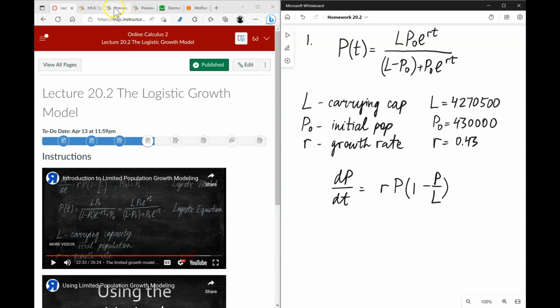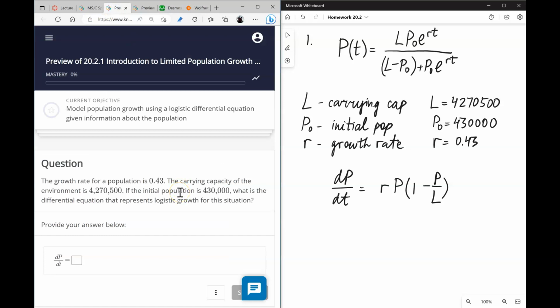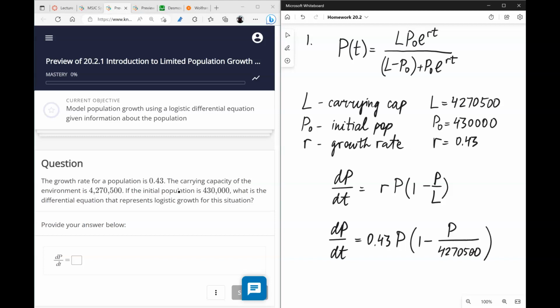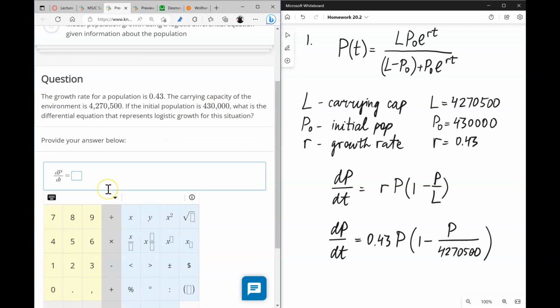So for our problem, we just really need to plug that in. So the answer to our question is this. R is 0.43, P is the function, L is the carrying capacity. I don't know if they want us to write the initial value here or not, but let's just write the equation first.